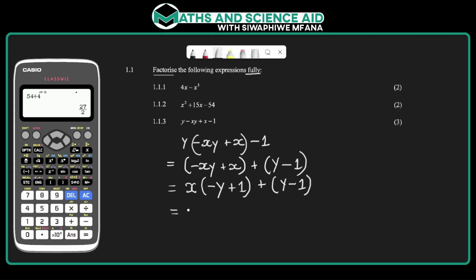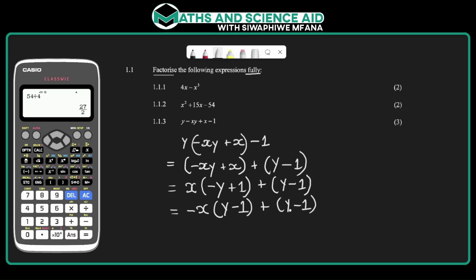After doing that, we will have negative x outside, and this will now change to a positive y, and positive 1 will change to negative 1. And we have plus y minus 1.